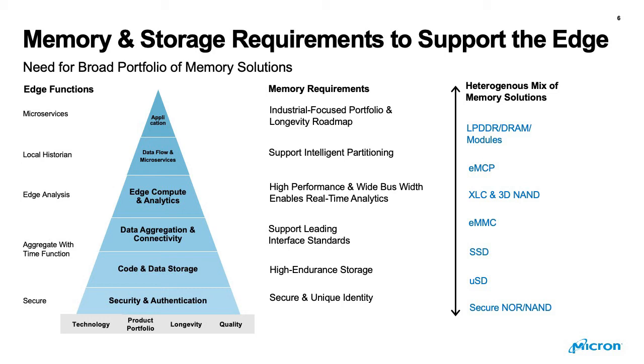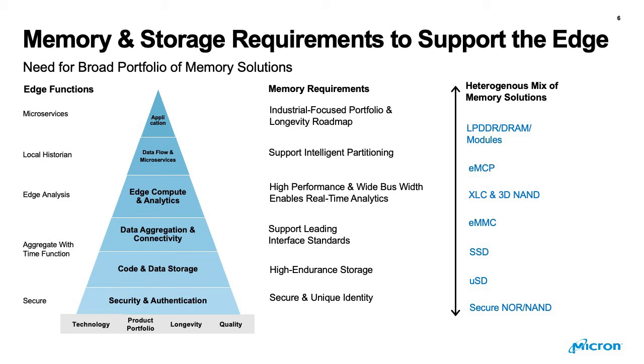So if you think about all the different kinds of products you're going to need, you need a full portfolio of devices from NAND technology, NOR technology, as well as DRAM technology. From secure NAND and NOR, which is what Authenta can offer, and then we've got microSD cards. Some of them are very specific to video surveillance or video streaming, so 24/7 recording, fast recording in video.